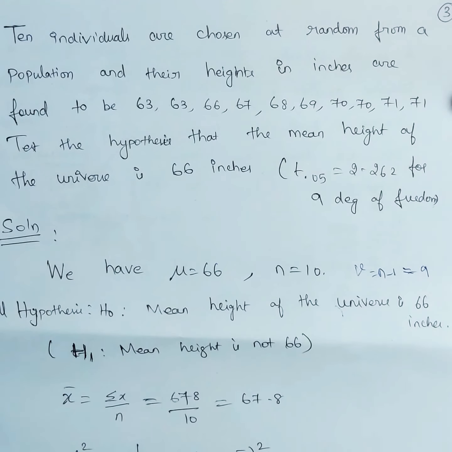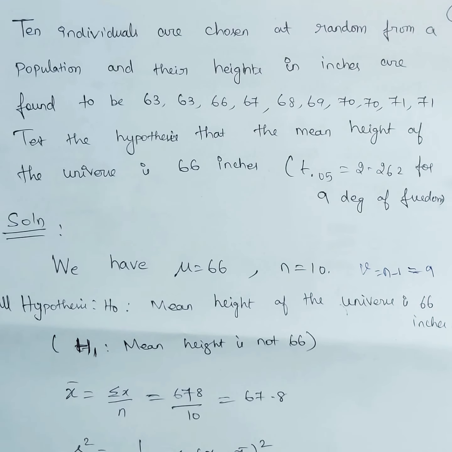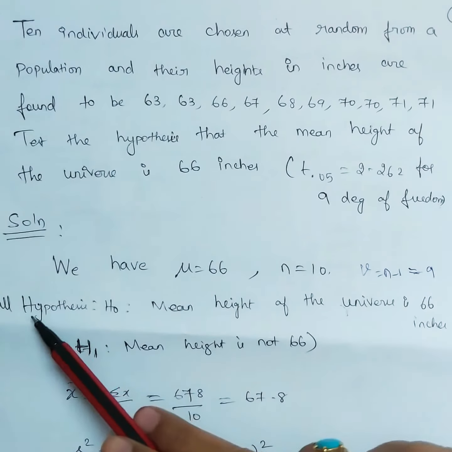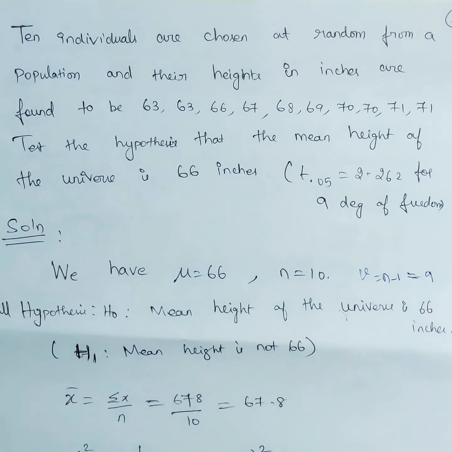When you are seeing the values in the tabular column, you should look at the degree of freedom 9. I'll show you the tabular column later. In most cases, they will give it in the problem itself. I have written the null hypothesis H naught: the mean height of the universe is 66.